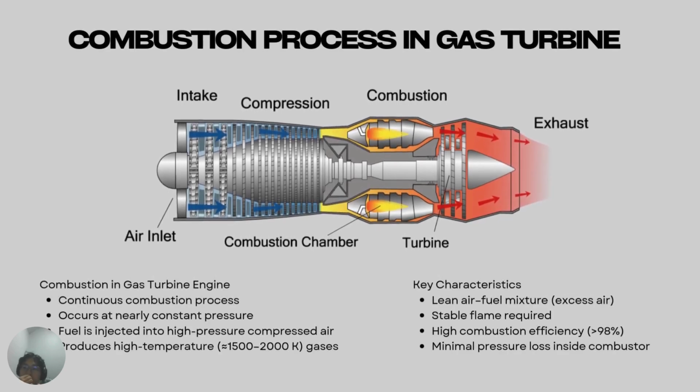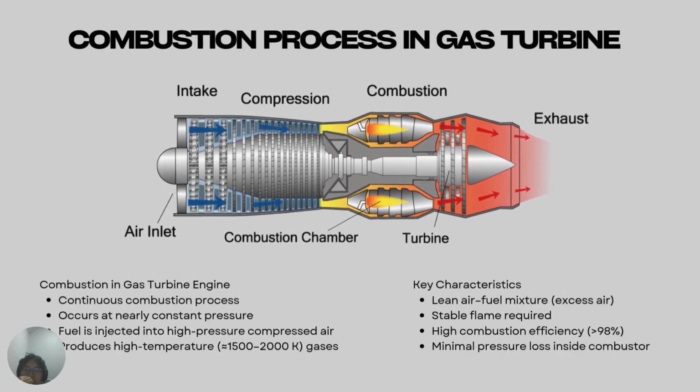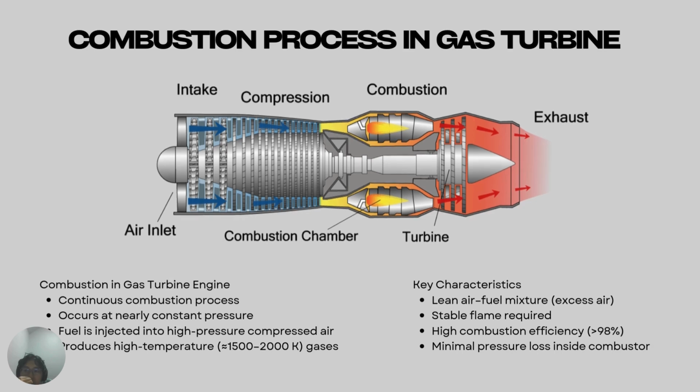Combustion in a gas turbine is continuous and occurs at nearly constant pressure. Compressed air enters the combustor and fuel is injected through the nozzle to create a stable flame. The flame temperature can reach between 1500 to 2000 Kelvin.